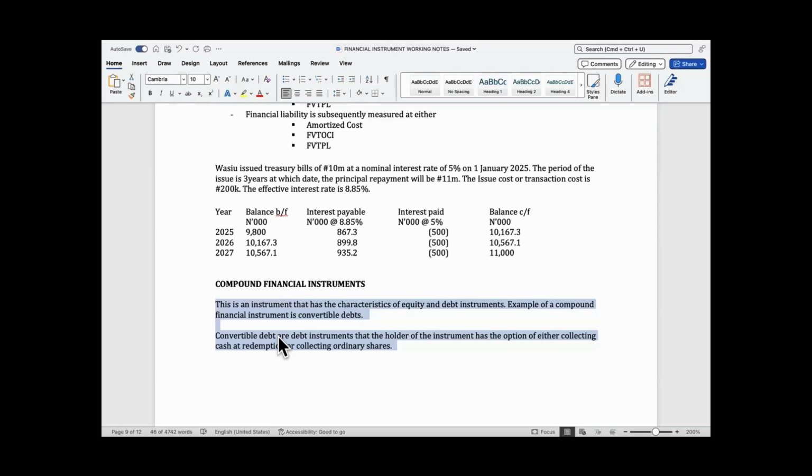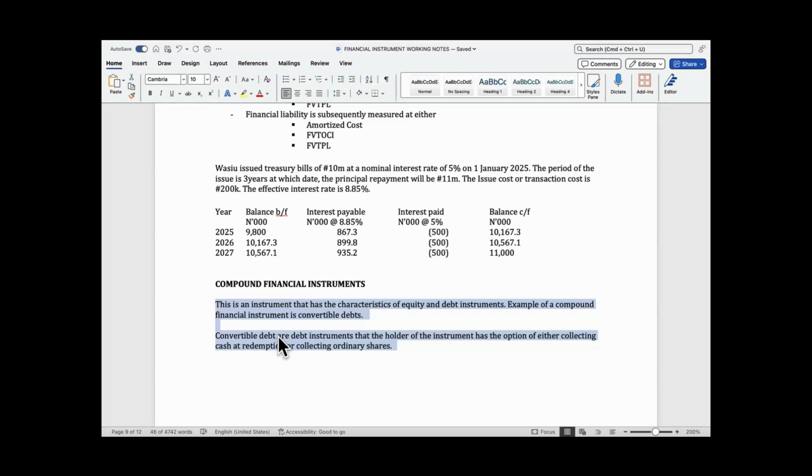But if we know right from the beginning that at maturity we are going to issue shares to this investor, then we're going to account for it as an equity instrument, even though what we have issued is debt. If you know right from the outset that we have to issue shares to pay back, then the substance is that of equity, because we don't have an obligation to deliver cash.